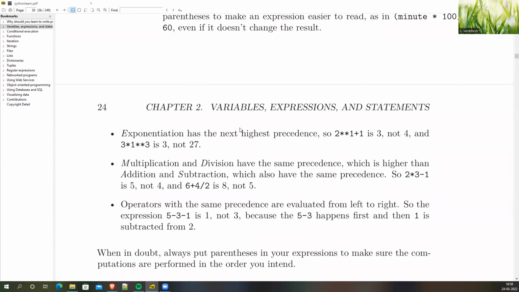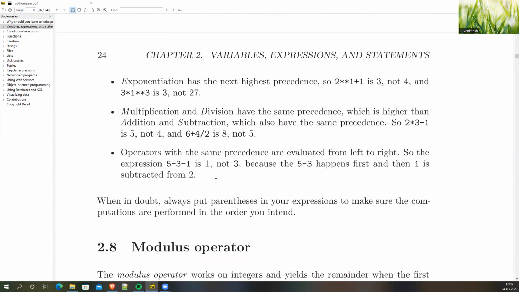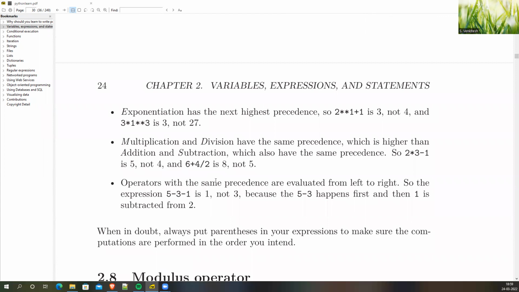Is that okay? So between division and multiplication, you don't really have a preference. They will always be solved left to right. Between addition and subtraction, you don't really have a preference. They will always be solved from left to right. So towards the end of this, there are some examples, and try practicing those.